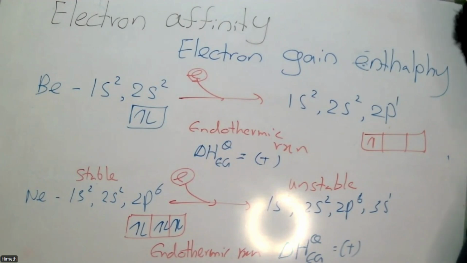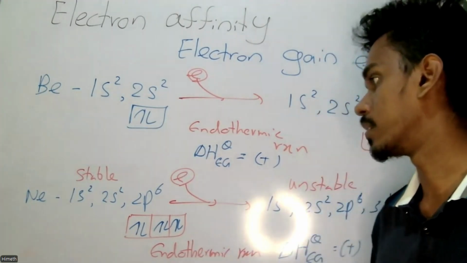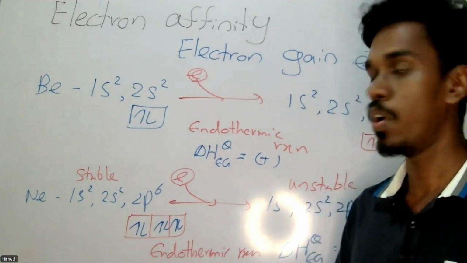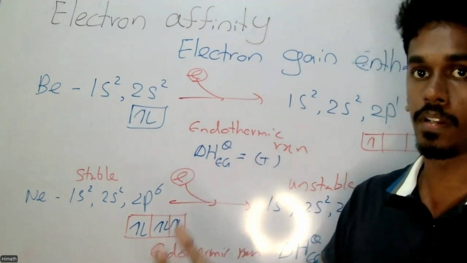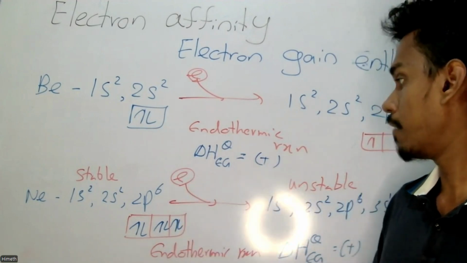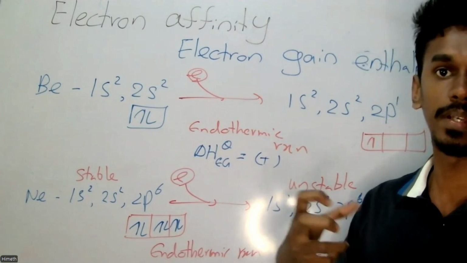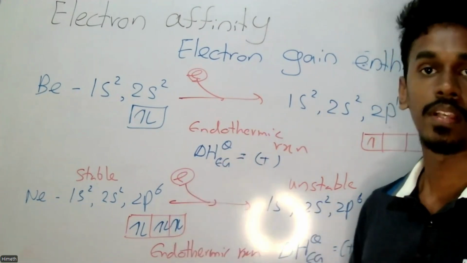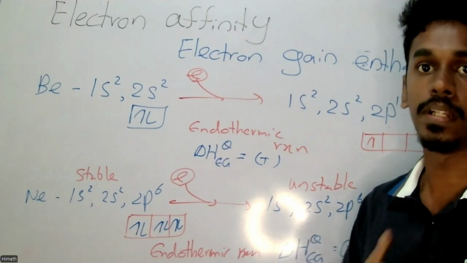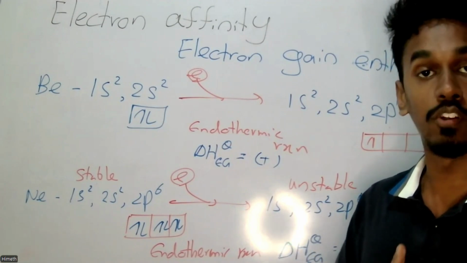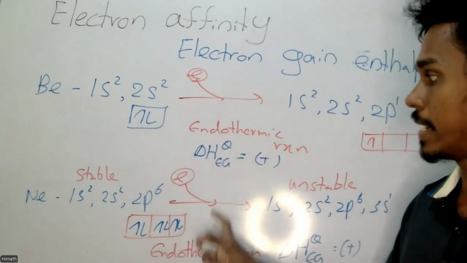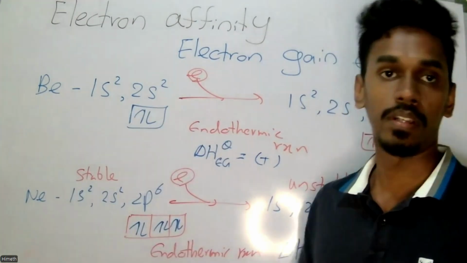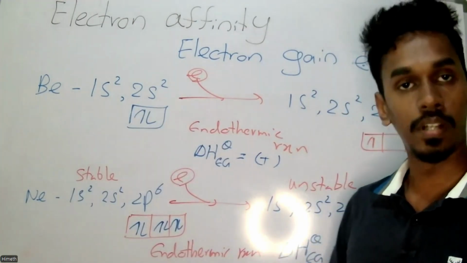As I mentioned before, atoms normally do not like to move from a stable electron configuration to an unstable one. Therefore, we have to give some energy to do the reaction. If we give energy, it means it is an endothermic reaction. So the electron gain enthalpy of neon is endothermic.